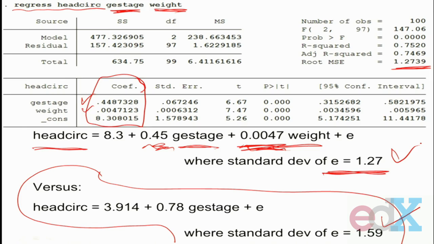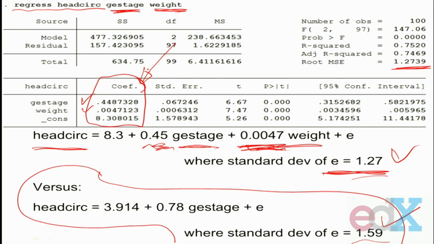Okay, what did they weigh in at when they were born? That is going to help us predict the head circumference a little bit better than before. I mean, we're at 1.3 instead of 1.6, so what is that? Another 20% reduction in the standard deviation. Great.